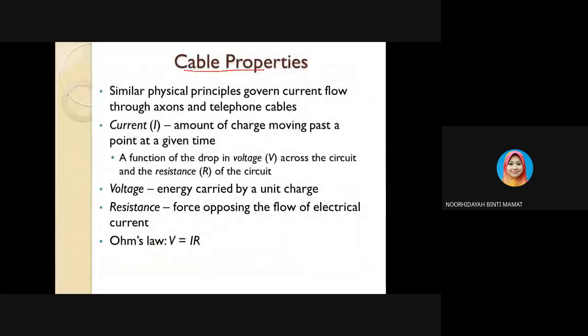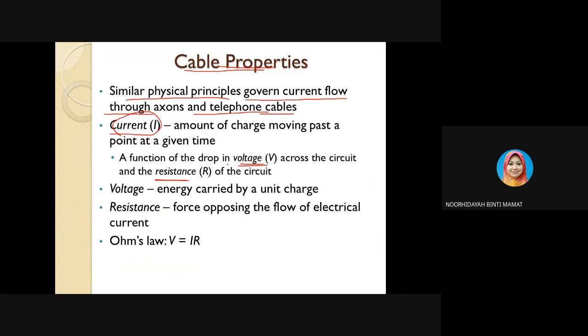Now, cable properties. Similar physical principles govern current flow through the axon and telephone cables. The current is the amount of charge moving past a point at a given time, a function of the drop in voltage across the circuit and the resistance of the circuit.